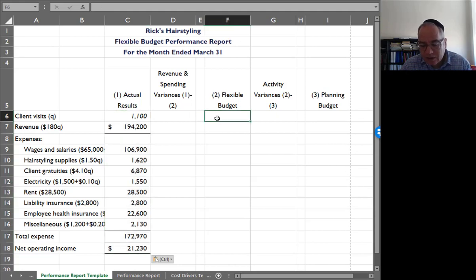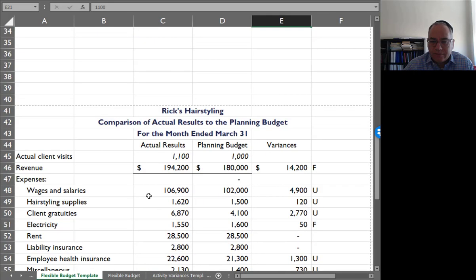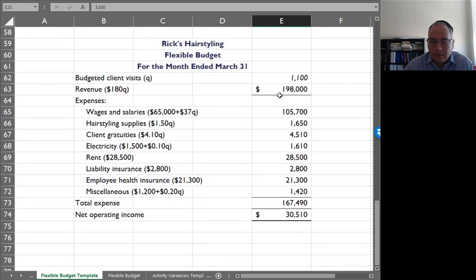And I've got my flexible budget. Should really do this by linking, but here it is.